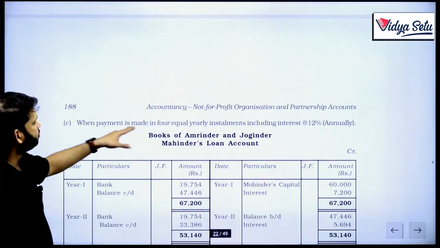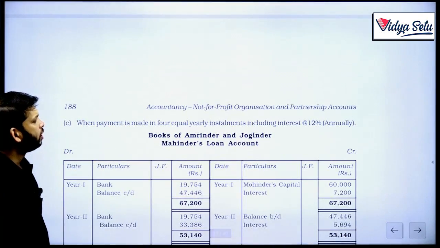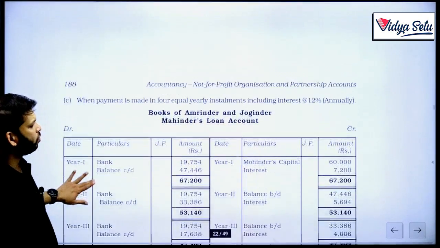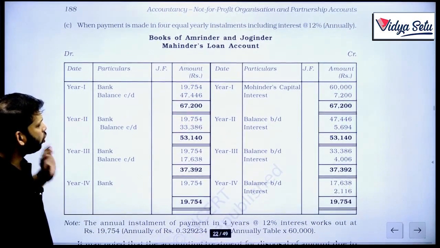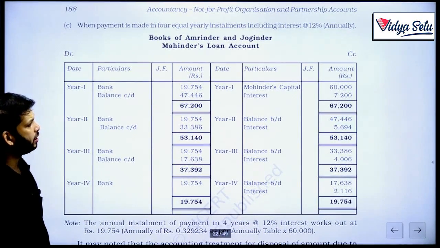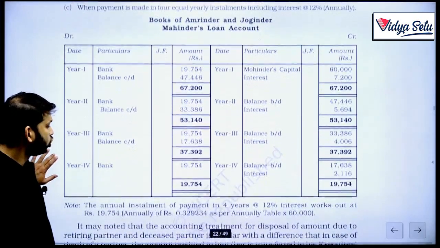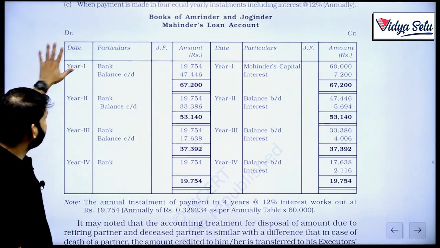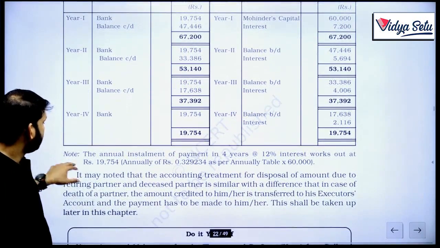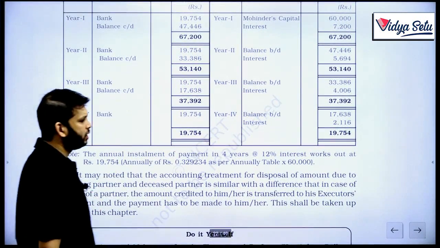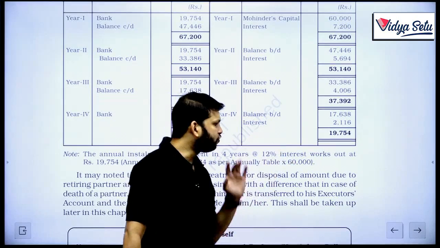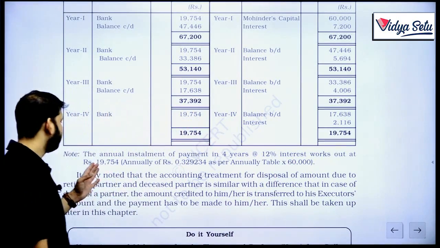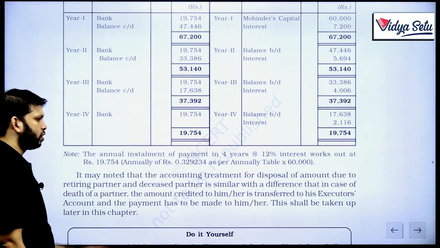And when payment is made in 4 equal yearly installments including interest, the installment should be calculated by the annuity table. Before going into this, let's read the note. The annual installment of payment in 4 years at the rate of 12% interest works out to be rupees 19,754.